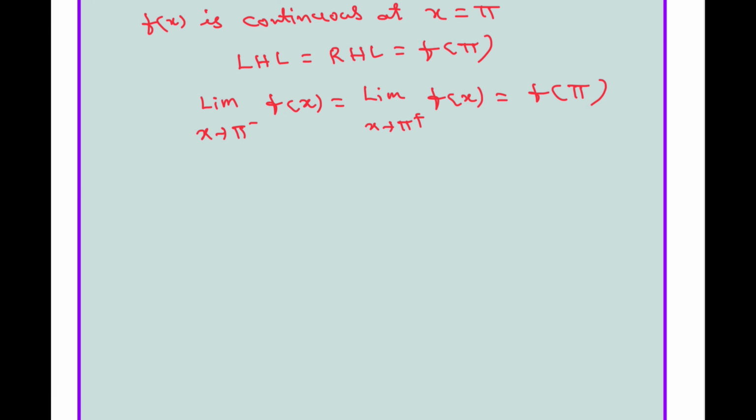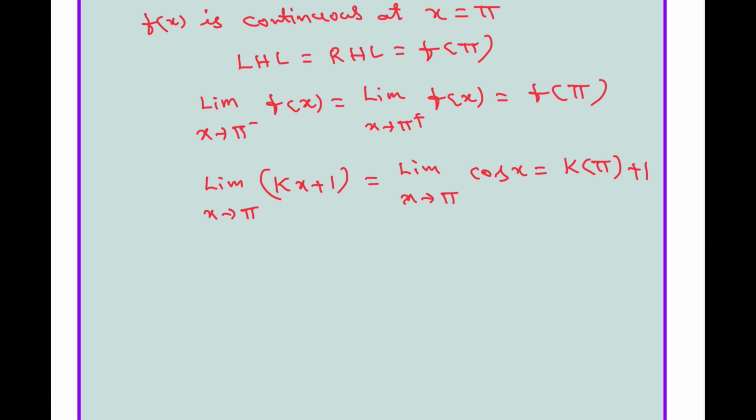Limit x tends to pi minus means x less than pi condition, limit x tends to pi of kx plus 1 equals, next limit x tends to pi plus means greater than condition, cos x, equals f of pi, means substitute pi directly in that, which is k into pi plus 1.